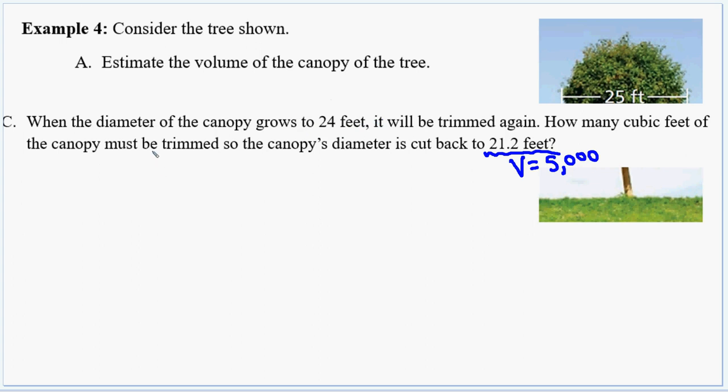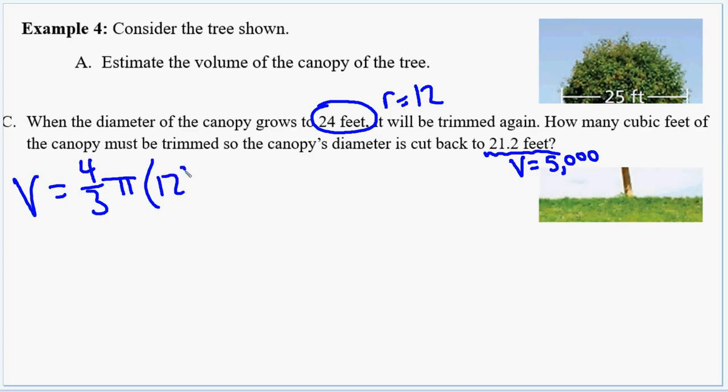So let's do our volume here. Now our diameter is 24, so our radius will be 12. Volume is 4/3 times pi times 12 cubed. Well, 12 cubed is 1,728.